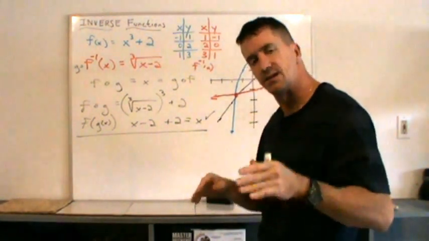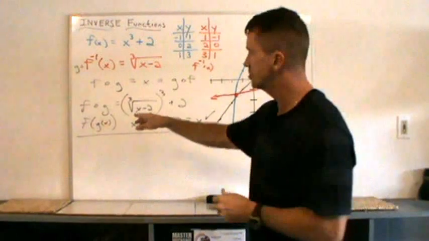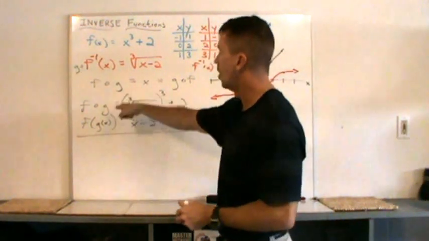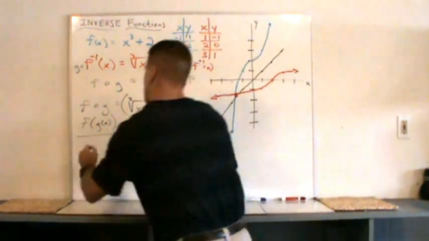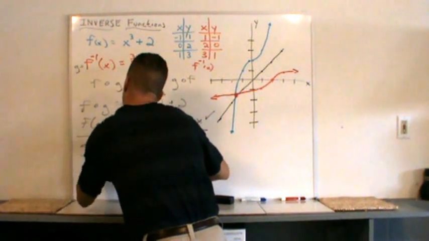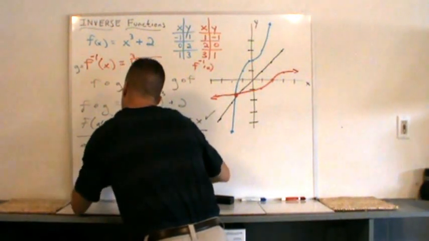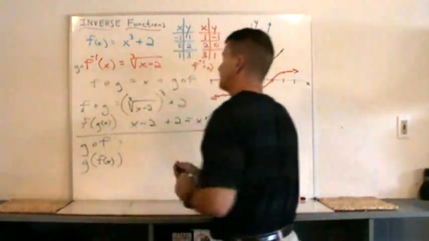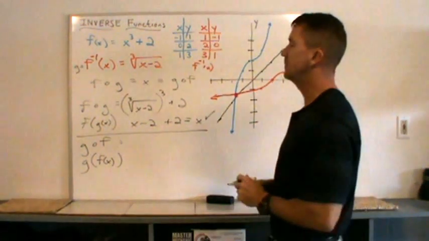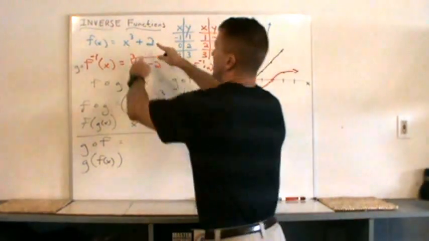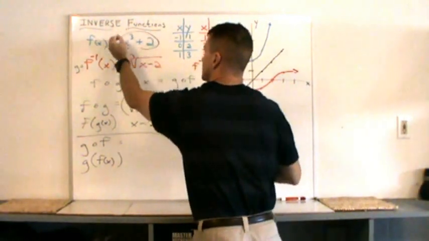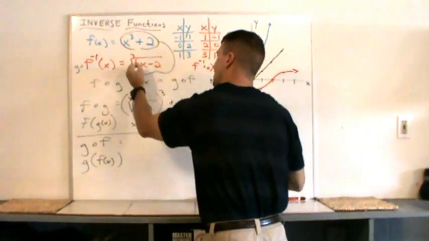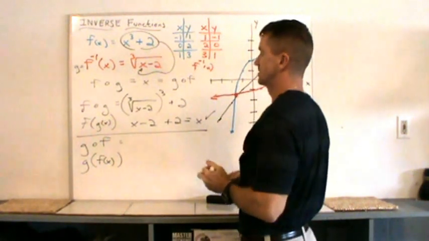To complete this verification, let's also show that g of f also equals x. So now we're going to do g of f, which is g of f of x. Alright? So that means, when we do g of f, we need to take this function here and substitute it right into that x variable. Alright?